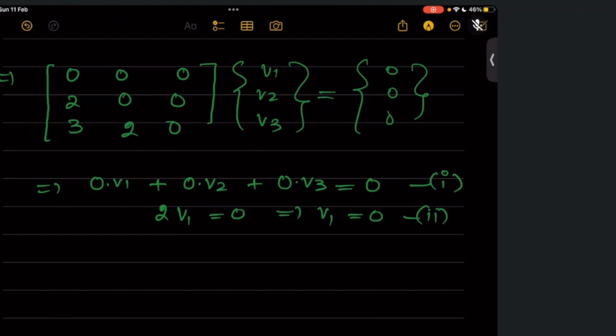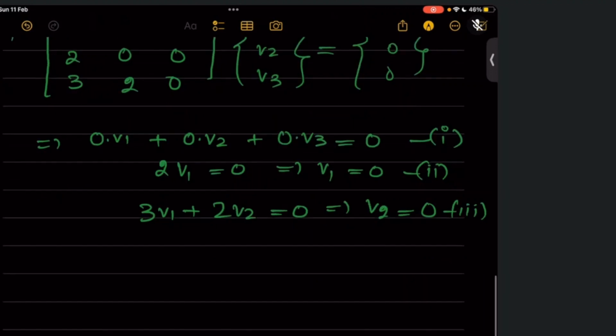And then the third equation is 3v1 plus 2v2 is equal to 0. Now v1 is already 0, it implies v2 is equal to 0. So from equation 2 and 3, we get the values of v1 and v2.